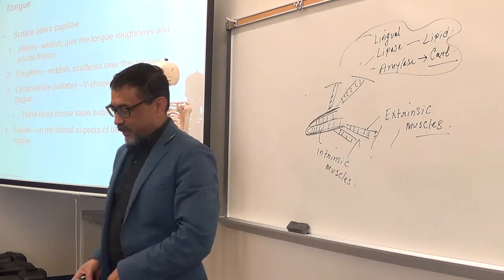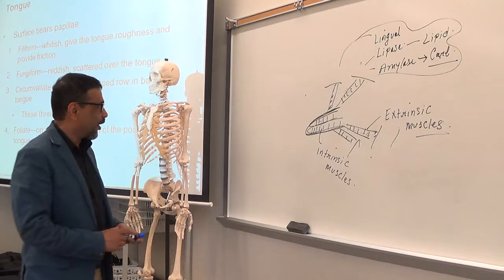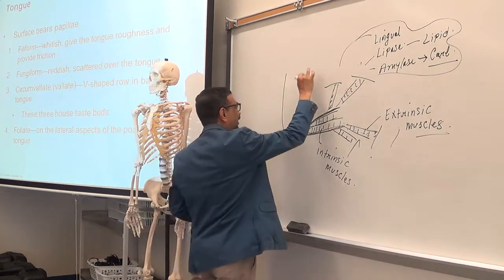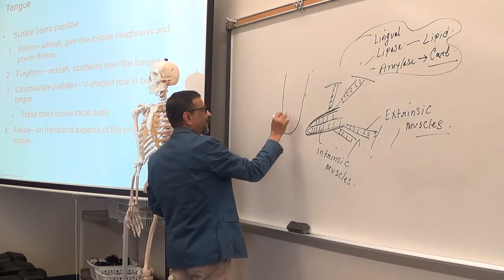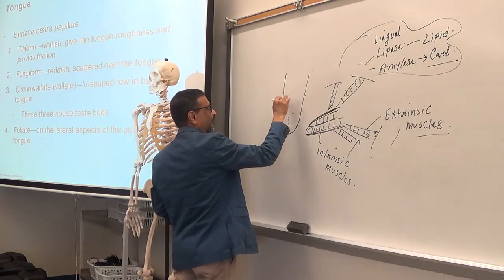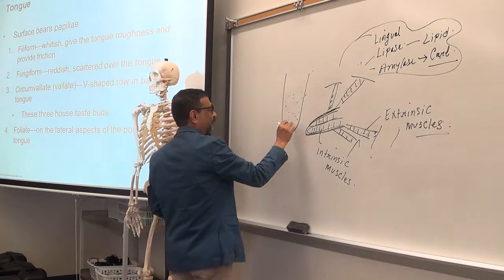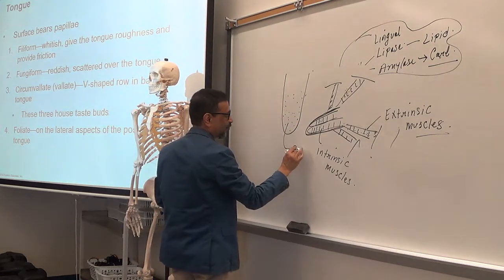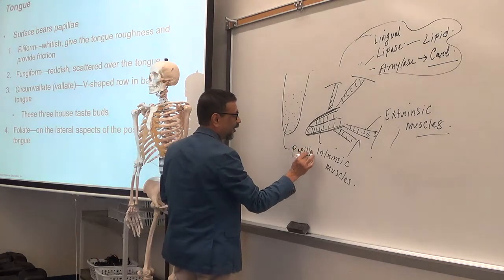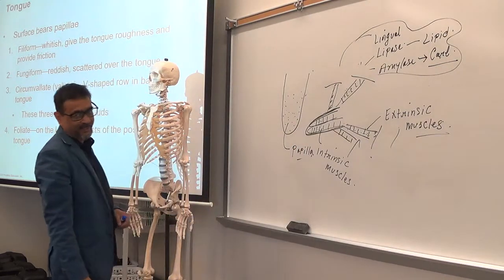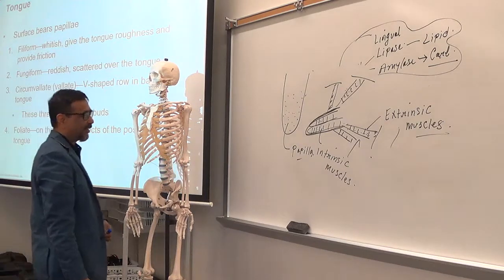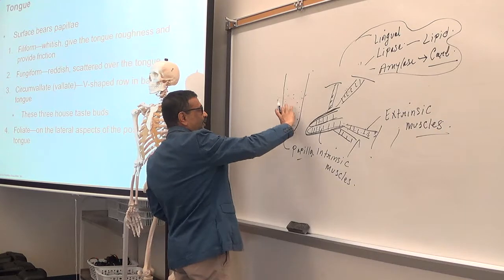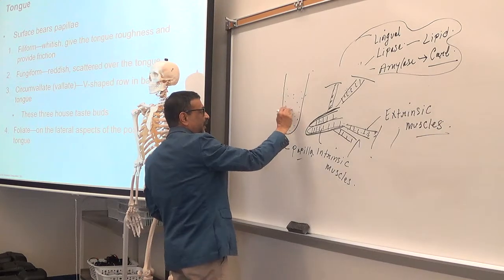Okay. Now, on the surface of the tongue, you all know, if you see the tongue, you have tiny structures. Those are called papilla. Papilla that you can see on the surface of the tongue. In the front part of the tongue, everywhere you will see tiny dots.